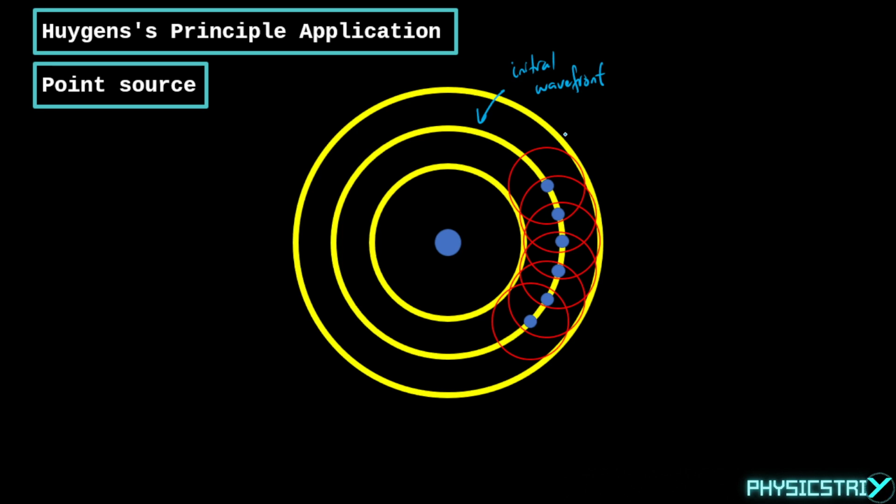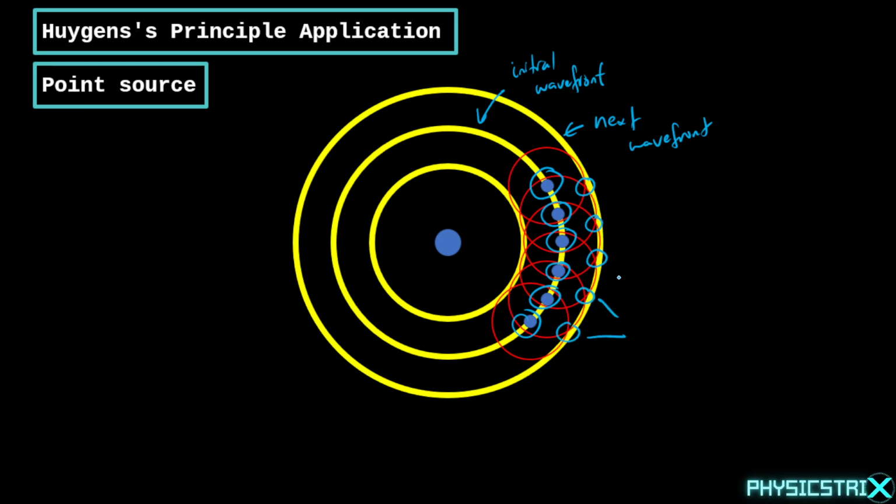We want to determine the position of the next, consecutive wavefront. So what we can do is set these points and then draw these wavelets and see where they constructively interfere.